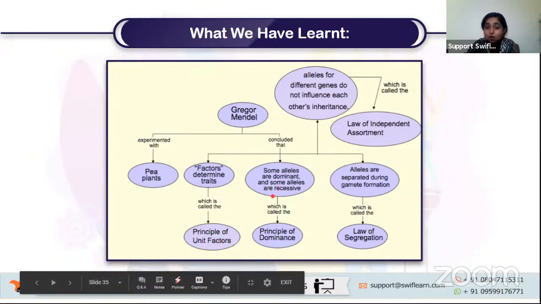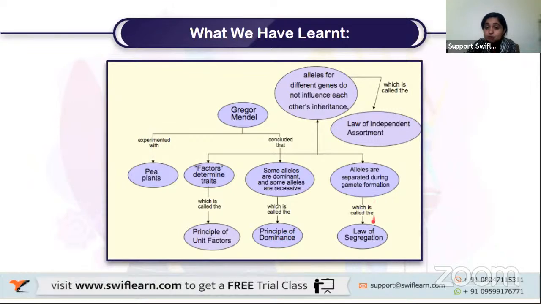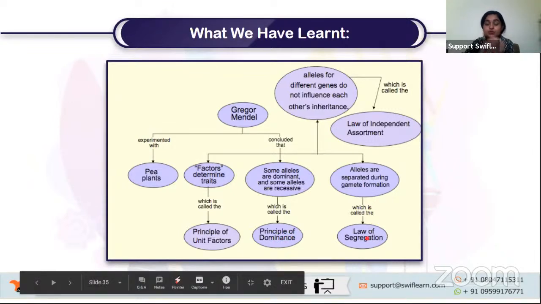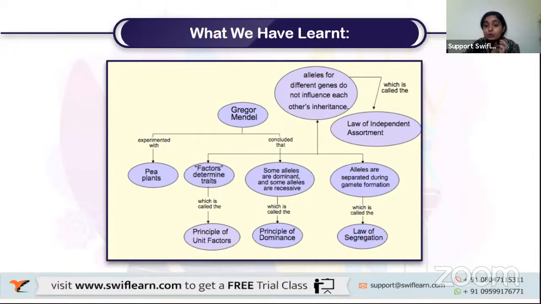Alleles that are dominant, which is called the principle of dominance, and alleles that are separated during gamete formation, which is called the law of segregation. So we learned about separation of unit factors, the principle of dominance, and the law of segregation. Further, we also learned that alleles for different genes do not influence each other's inheritance, the law of independent assortment.